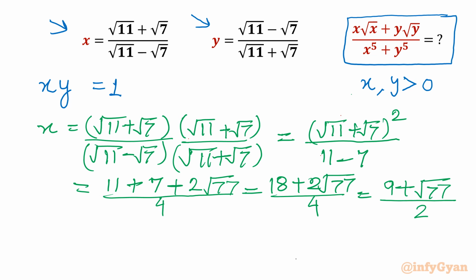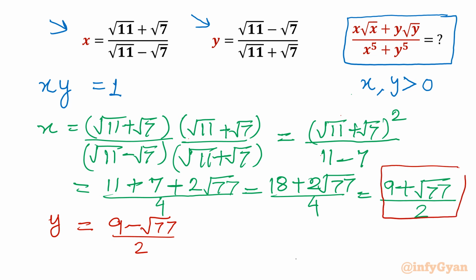Similarly, if you rationalize the y expression also, I will write directly y will come out as (9 minus square root 77) over 2. Conclusion: x value is (9 plus square root 77) over 2 and y value is (9 minus square root 77) over 2.